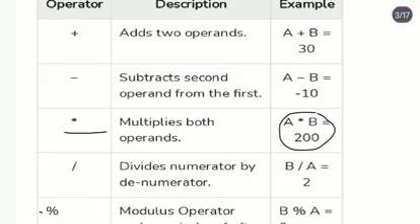This means it gives the remainder at the end. For example, if b value is 99 and a value is 10, then if you divide 99 by 10, what will be the remainder? 9. So this is the answer of b percentage a.